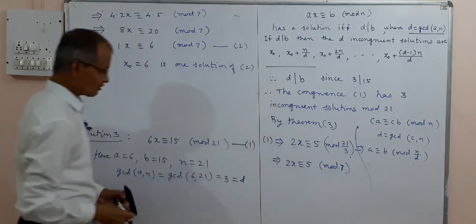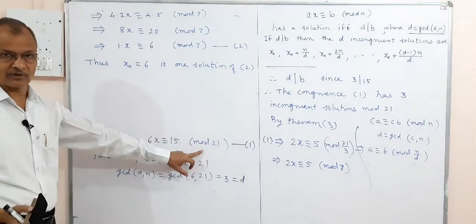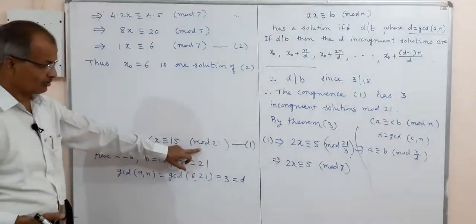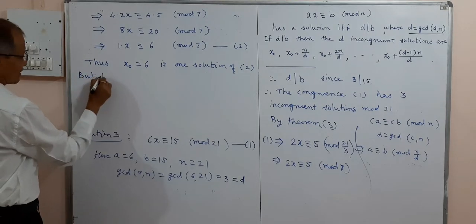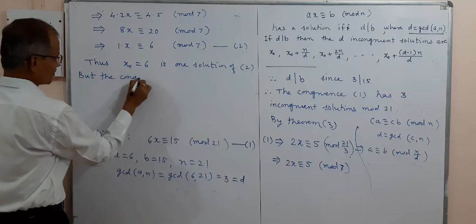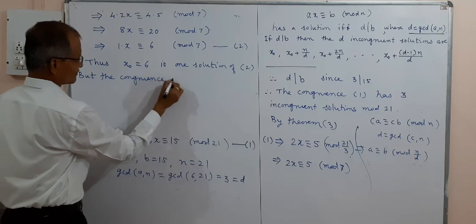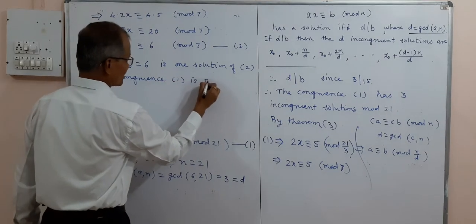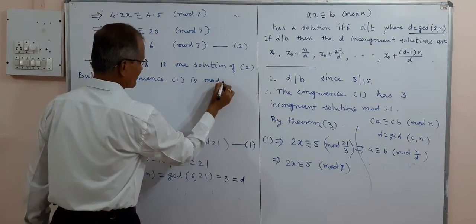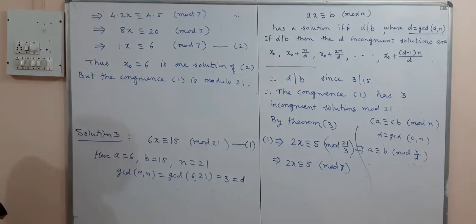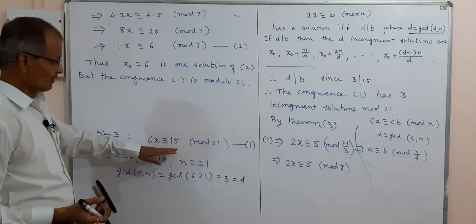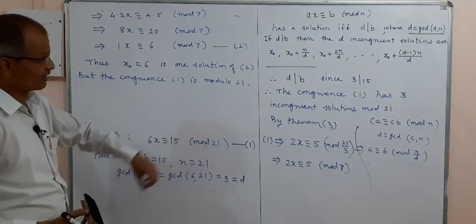But the original congruence is modulo 21, and therefore we have to consider the modulo 21 solutions. The congruence 1 is under modulo 21. And now therefore we have to consider the value of modulo as 21.